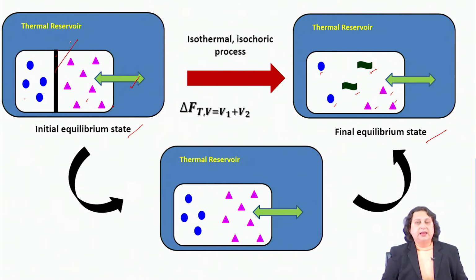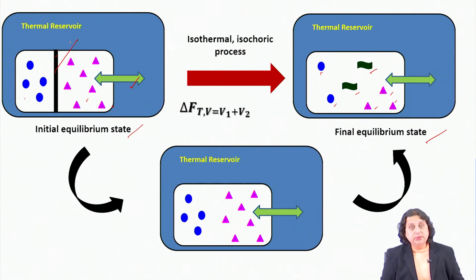So again and again, I am trying to convince you that in thermodynamics, when you carry out a reaction, you prepare the initial equilibrium state with some kind of constraint, and then you withdraw that constraint and induce the system to undergo a change in state.